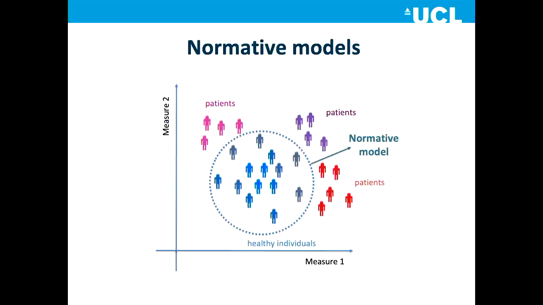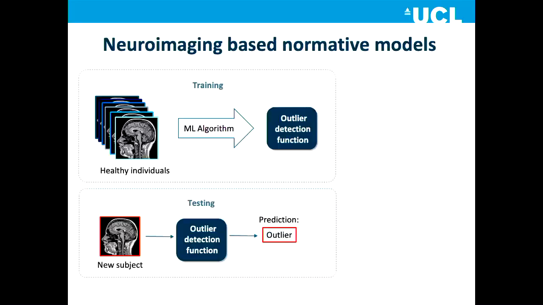One way to do that is using normative models. Normative models are quite common in medical areas, where we fit a model to measures from the general or a healthy population, and then we can identify a subject as a patient, as having an abnormal measure with respect to this normative model. From a machine learning perspective, we can frame this problem as an outlier detection problem.